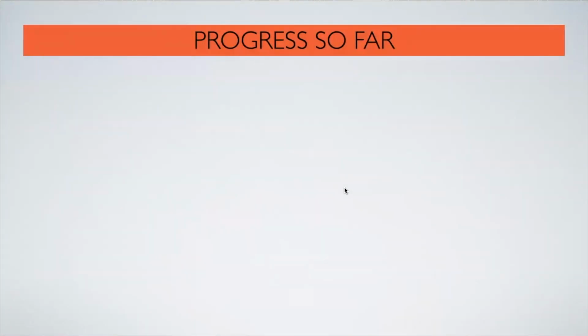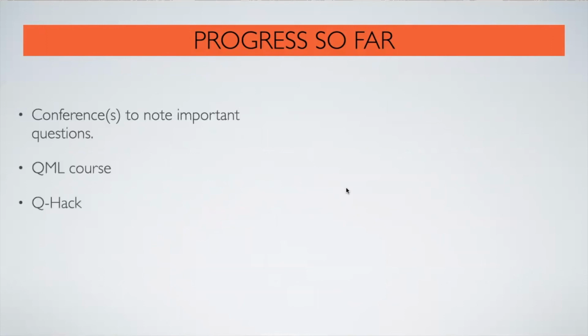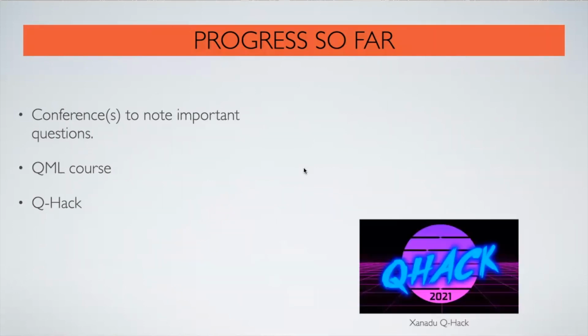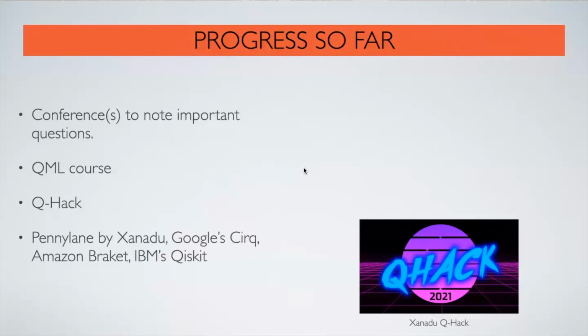My progress so far: I've mostly spent my time learning. I started with attending some conference talks. I did a quantum machine learning course. I attended some quantum machine learning challenges, like this one by Xanadu.